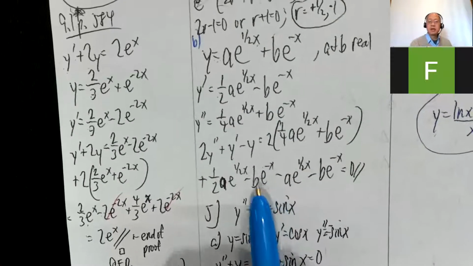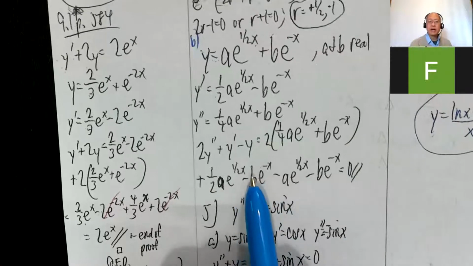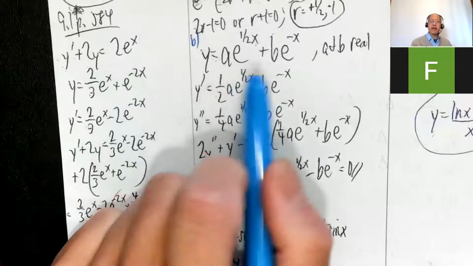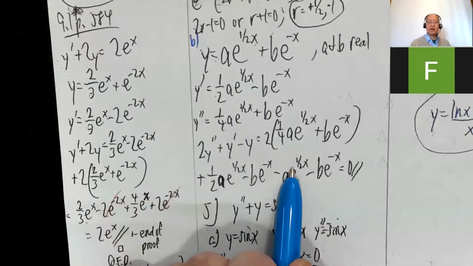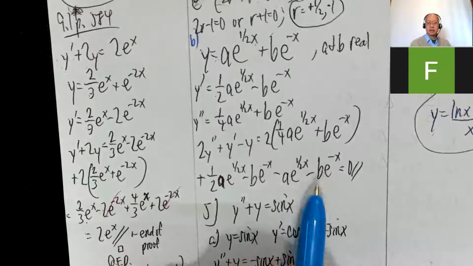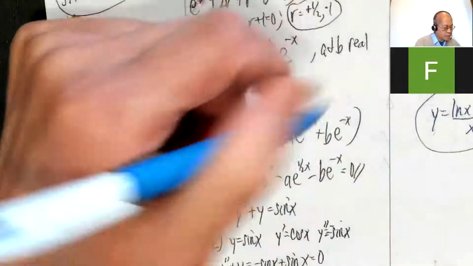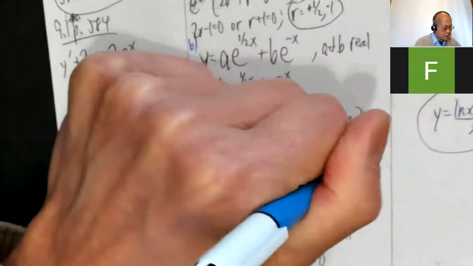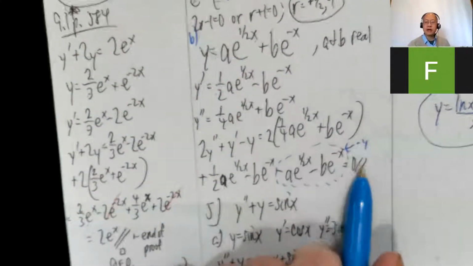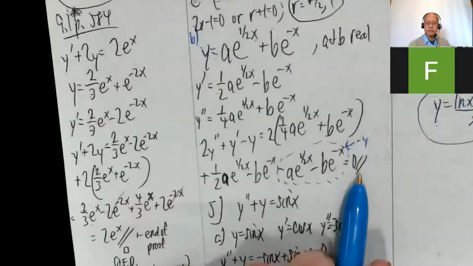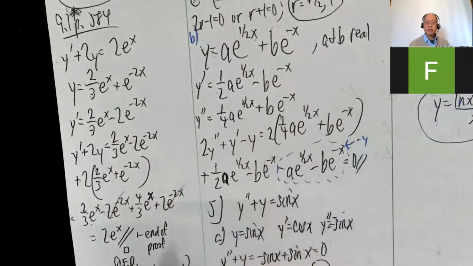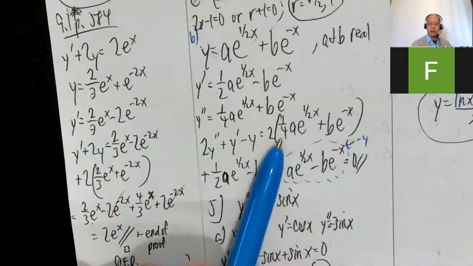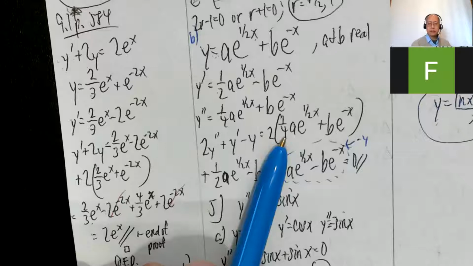And let's see. Minus y means subtract this. I just make them both negative. So minus a e to the half x minus b e to the negative x. Right, so everything here, maybe I should write this, everything here is -y. It comes out to be 0. See if I can show that to you. This is half a e to the half x.